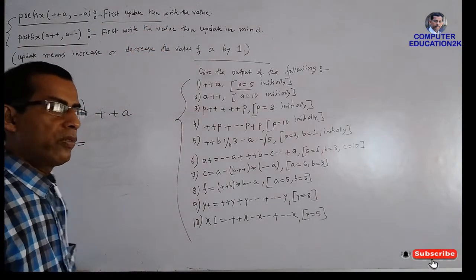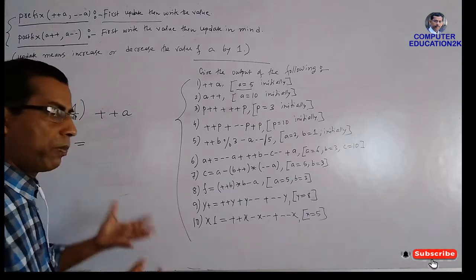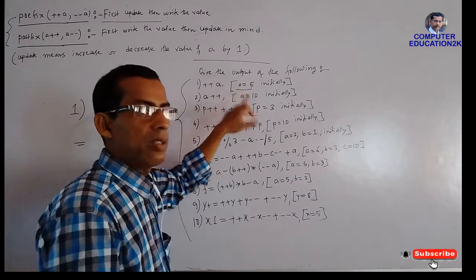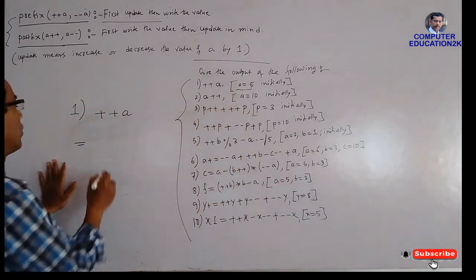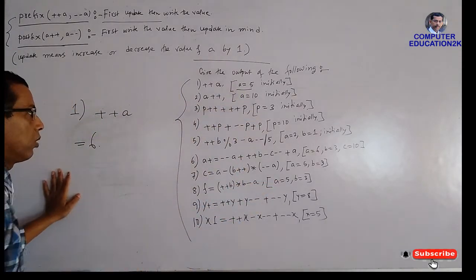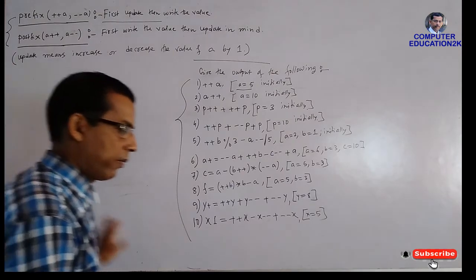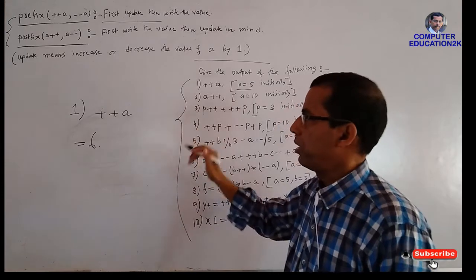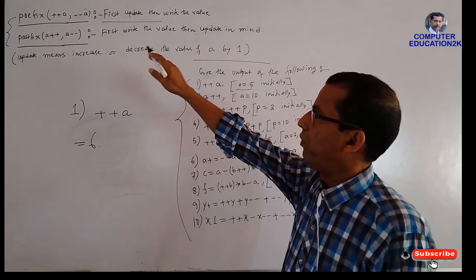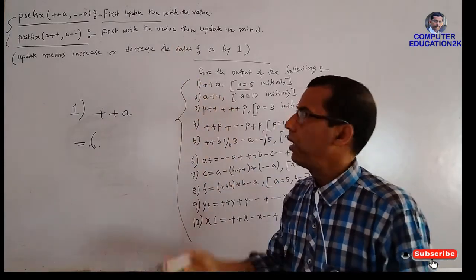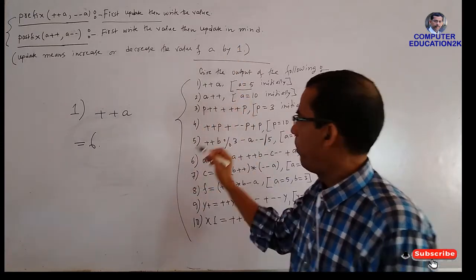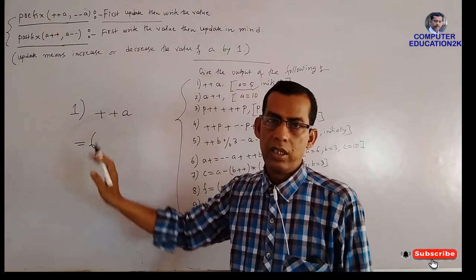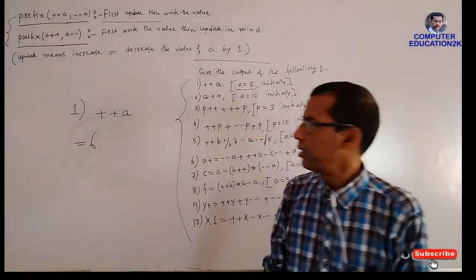First update means first increase the value of a by 1. The value of a is 5, so increased by 1 it will be 6. So the output will be 6, because in plus a we first increase the value, then write it. So the answer is 6.